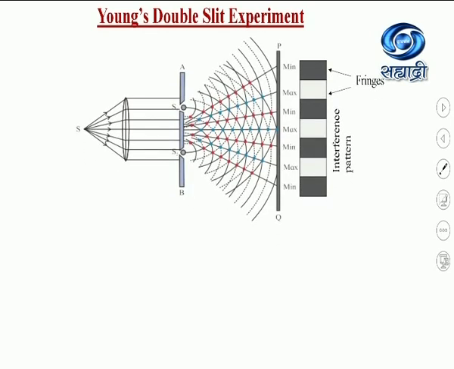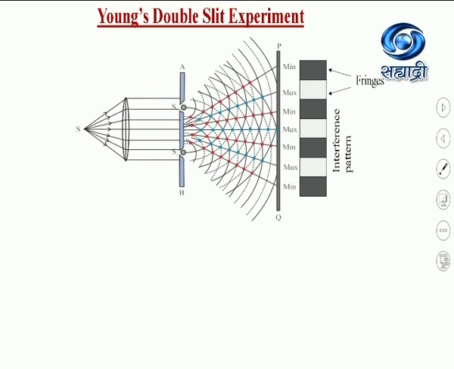So let us see the experimental setup of Young's double slit experiment. S is the primary source of light. The diverging rays from the source are made to fall on the convex lens. The emerging rays are parallel to each other, or alternatively, the wavefront is a plane wavefront.